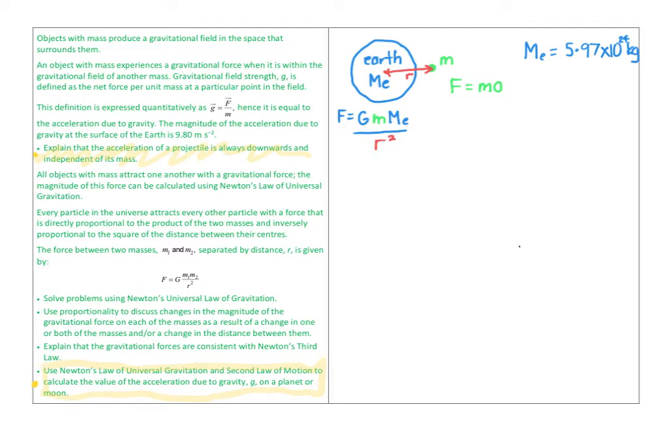So if we take those two relationships, we get basically that ma is equal to G. I will keep it colour coordinated, even though it makes it a bit longer to write.